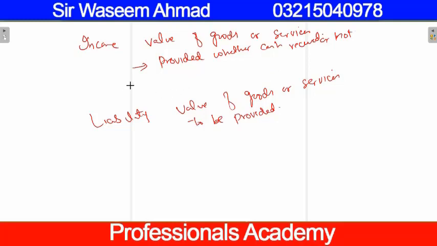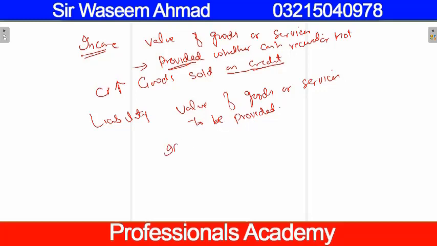If you have provided the services, for example, goods sold on credit, you have not received the amount yet, still it is income. Income has increased, it will be recorded as credit. Why is it income? Because you have provided the goods, whether cash received or not. There is no link between cash and income. Liability, value of goods or services to be provided.